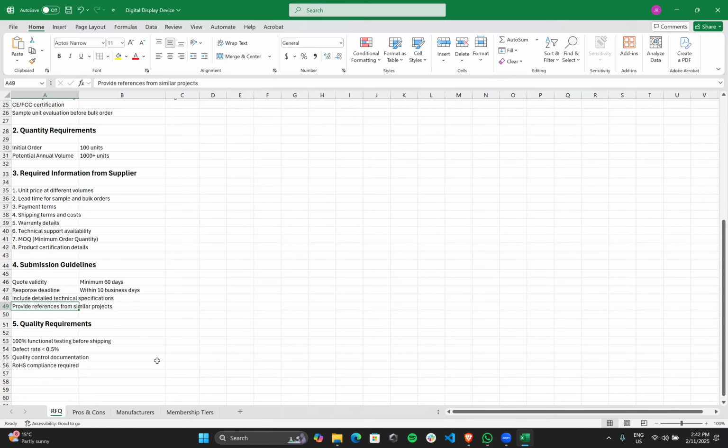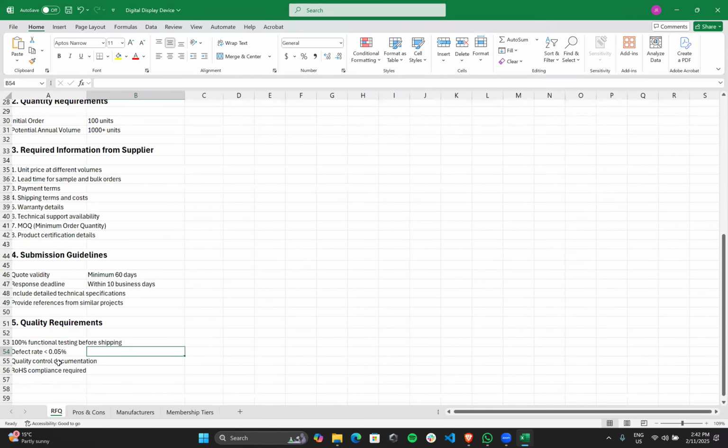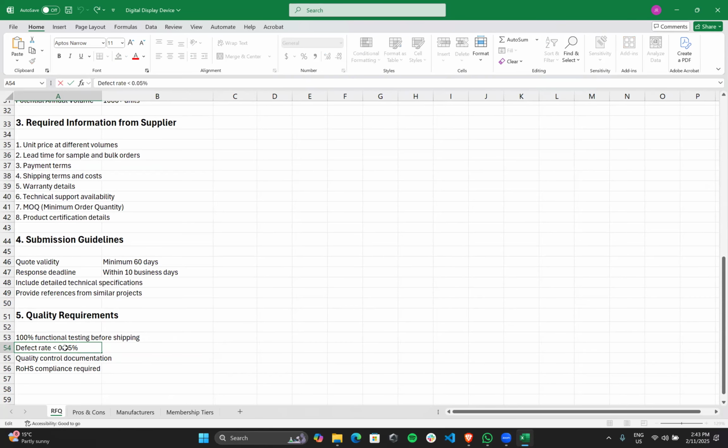100% functional testing before shipping. Don't you want another zero before the decimal in the defect rate? Is it 0.05%? Isn't it one more zero? If you add one more zero to it, what percentage is that to you?